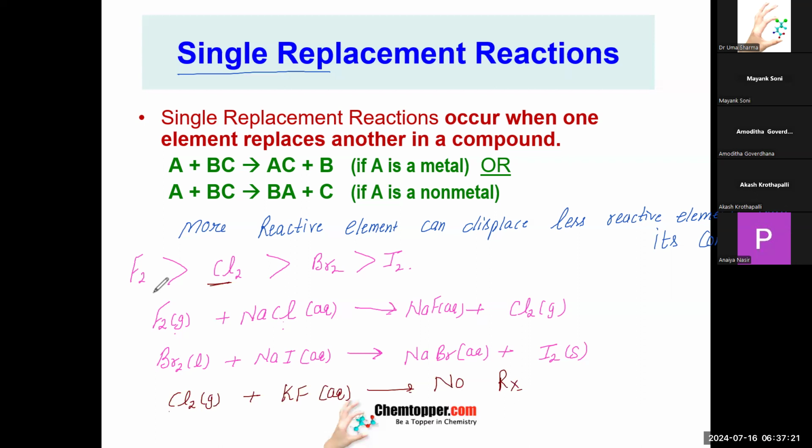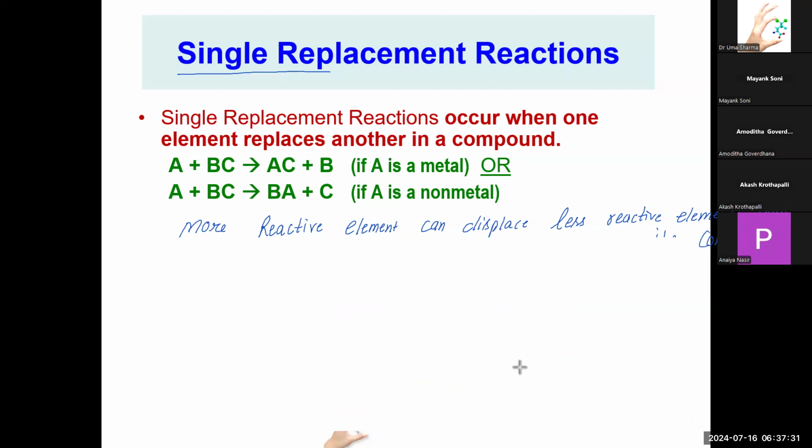Now, I'm taking you to the next example. The next example is alkali metals. Do you know the reactivity order of alkali metals? Just leave hydrogen, which one is the least reactive, which one is the most reactive? Lithium, sodium, potassium, rubidium, cesium.